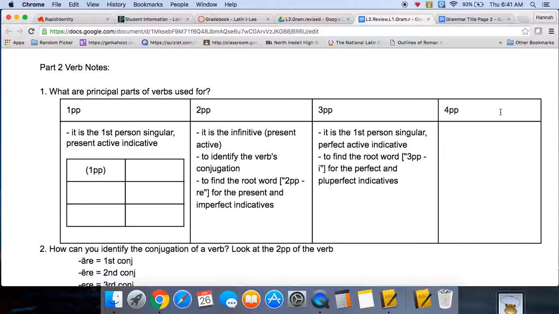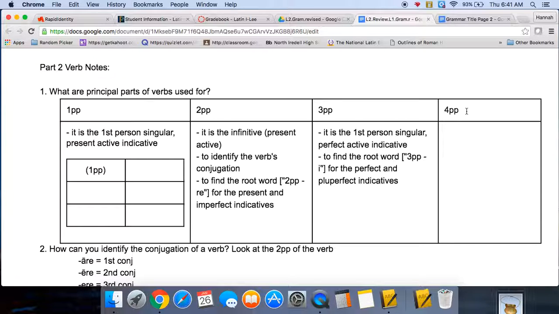Each of these actually have different names. I'm calling them principal parts for short. This one is the first person singular, present active indicative. We're just going to call it 1pp. The 2pp is the same thing as the infinitive, the present active infinitive. The 3pp has a name too, first person singular, perfect active indicative. We're just going to simply use 3pp.